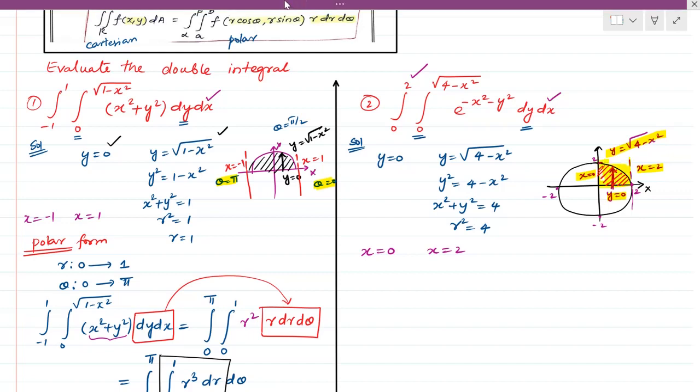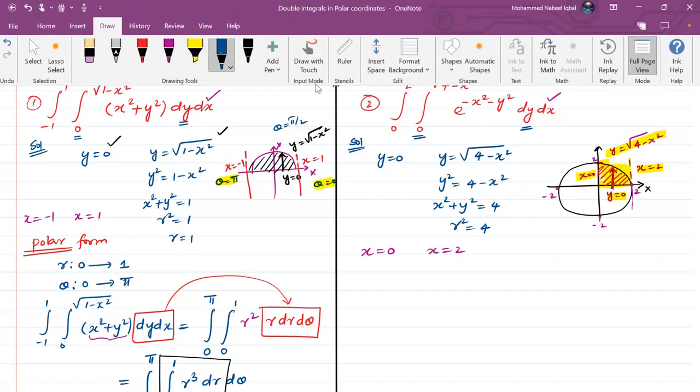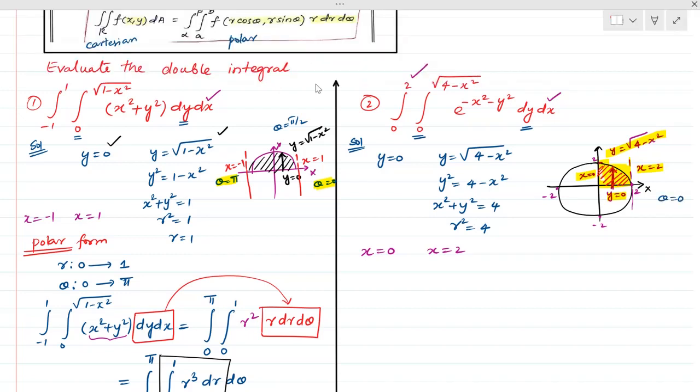So what is the theta value? Theta ranges from 0 to pi over 2. I write it here: r ranges from 0 to the square root of 4, which is 2. So r ranges from 0 to 2, and theta ranges from 0 to pi over 2.